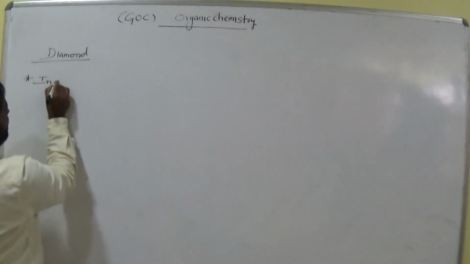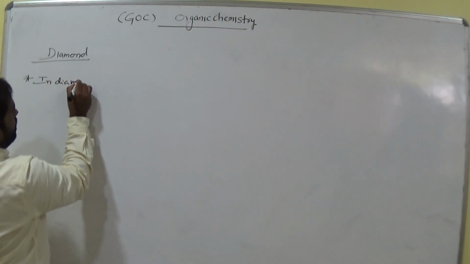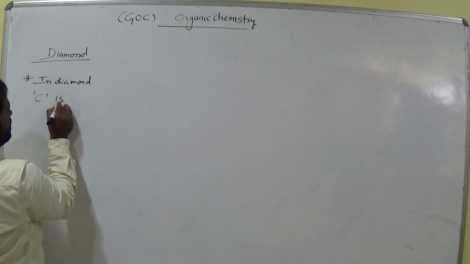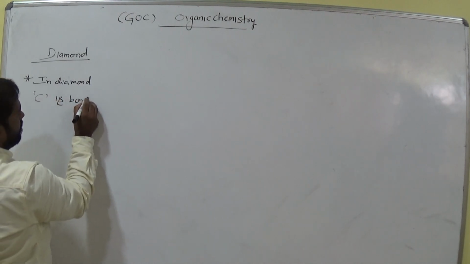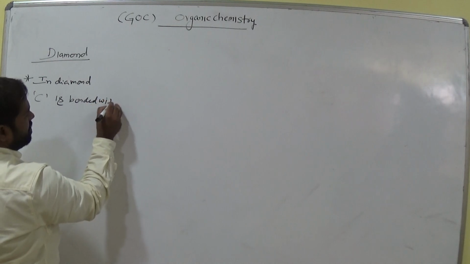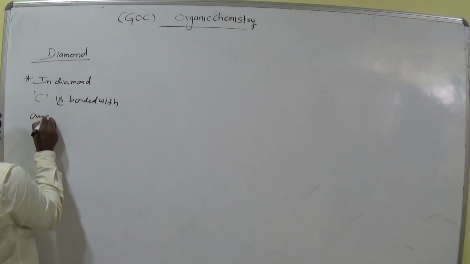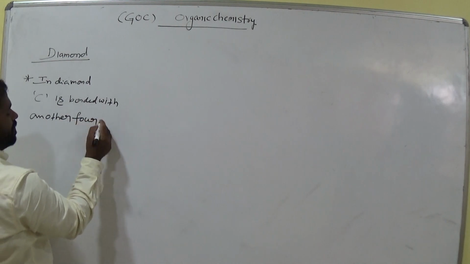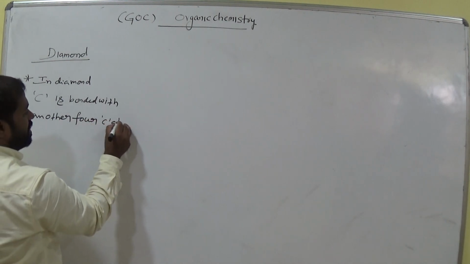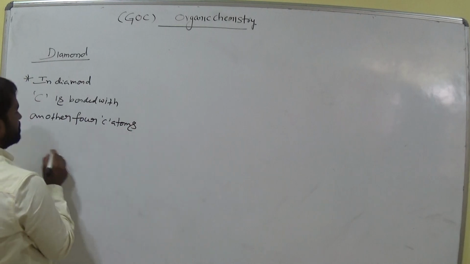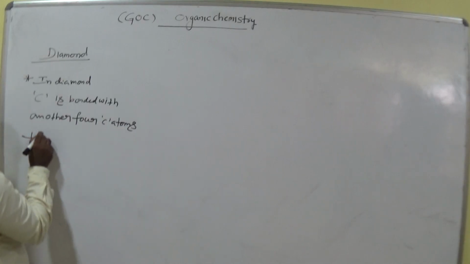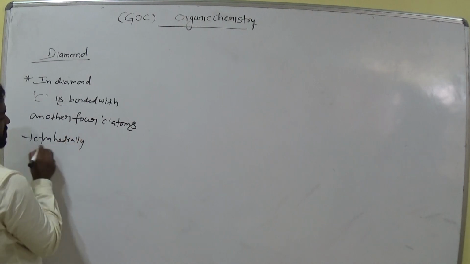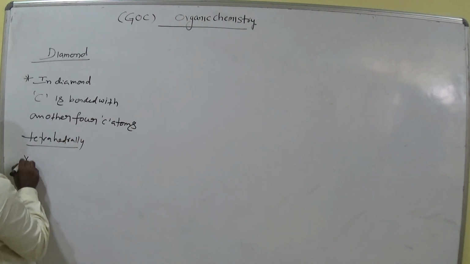In diamond, carbon is bonded with another 4 carbon atoms tetrahedrally. What is that? Tetrahedrally.